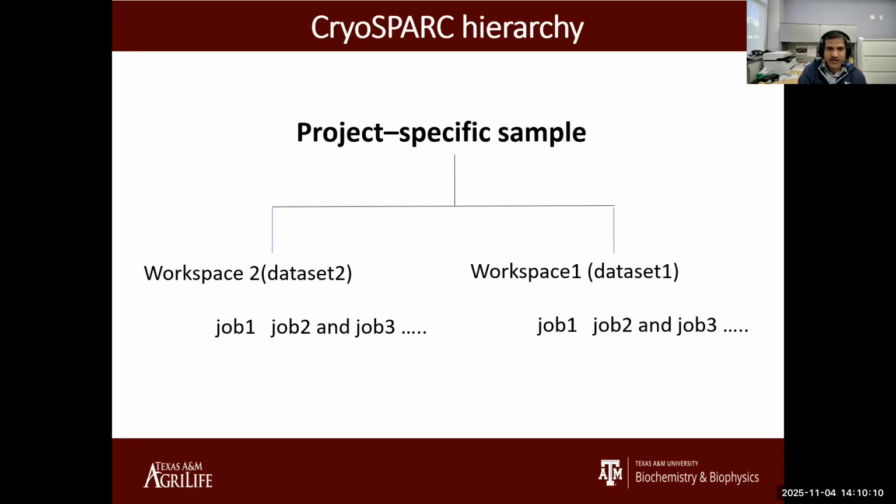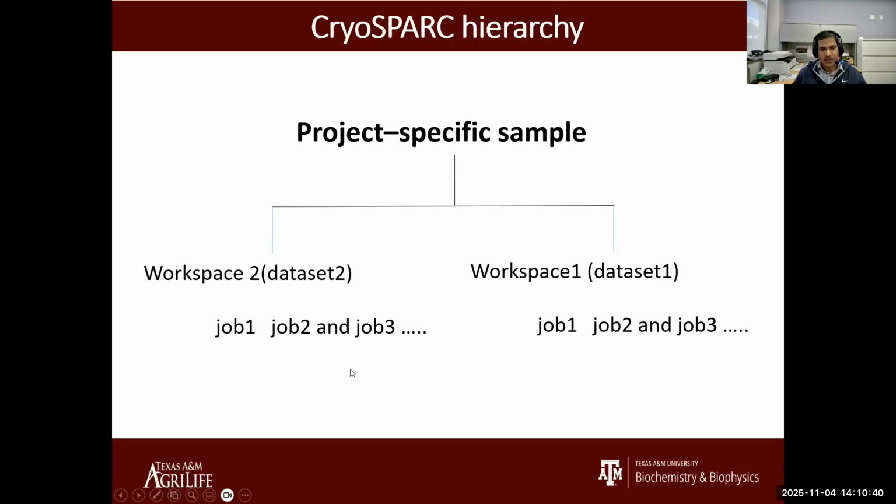Okay, so here is the project hierarchy cryoSPARC maintains. It has one project, and then you can create different workspaces. Let's say you collect one data set and process it in one workspace, and you have another data set of the same sample, but with, let's say, an inhibitor or some cofactor.